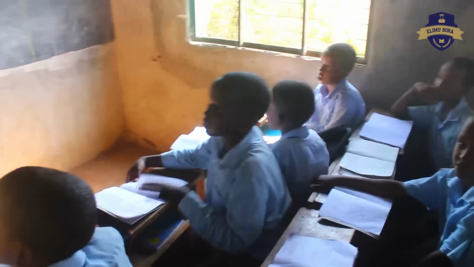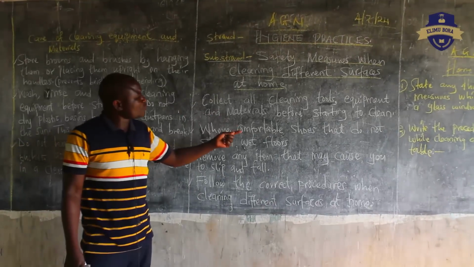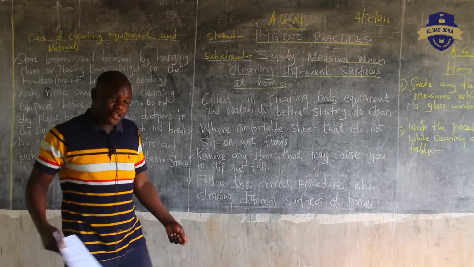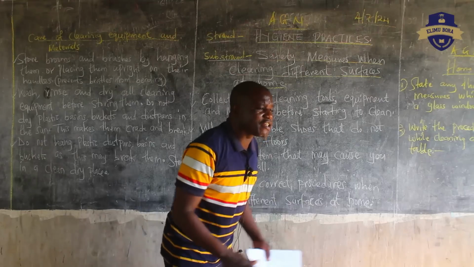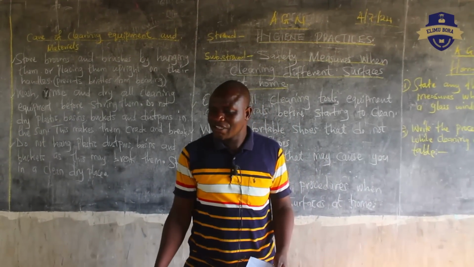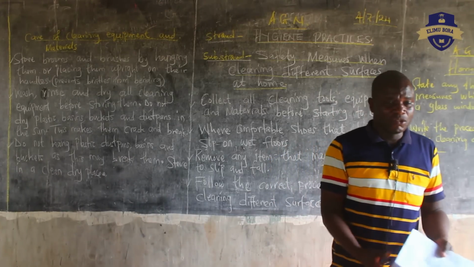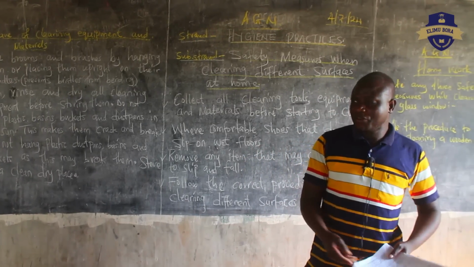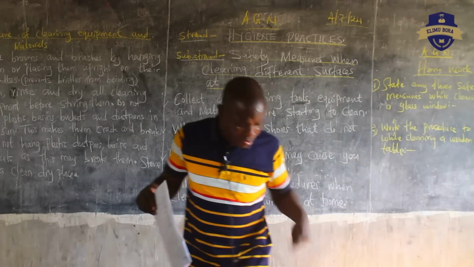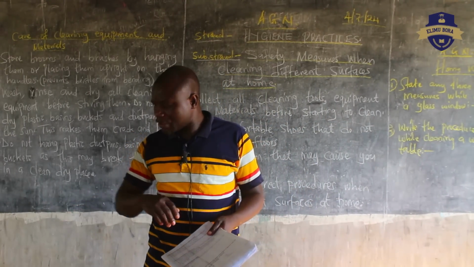Then number two, you must make sure that you wear comfortable shoes that do not slip on wet floors. Like you are busy cleaning, then you fall down. Then unfortunately or fortunately, you fall down on a very sharp knife. Then the blood starts oozing out.